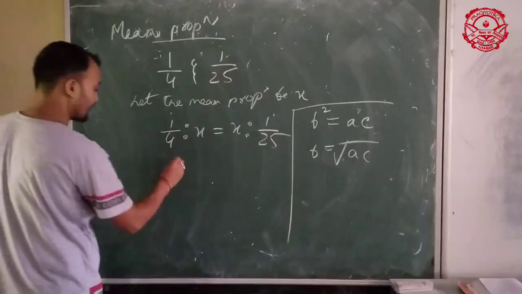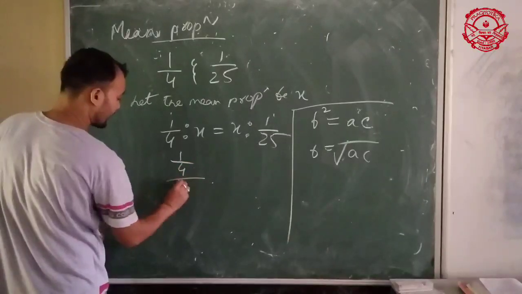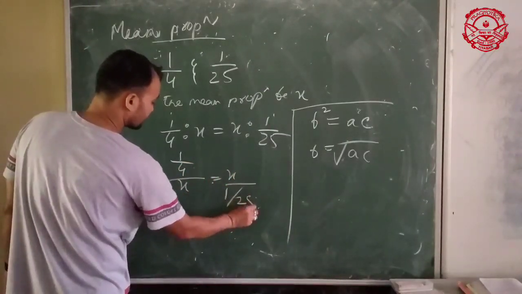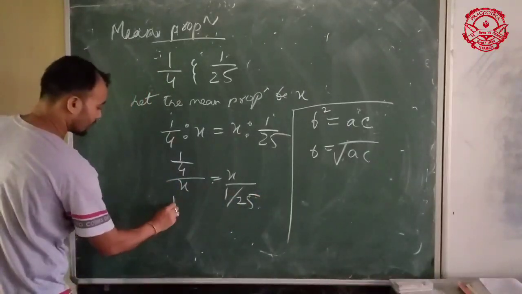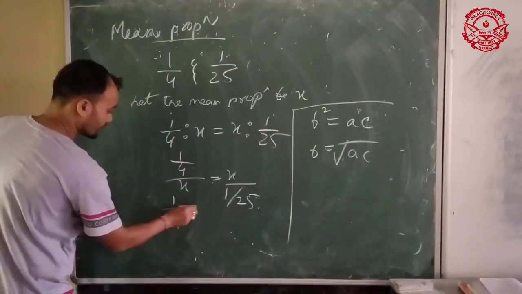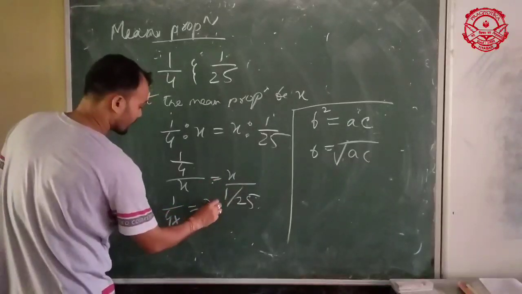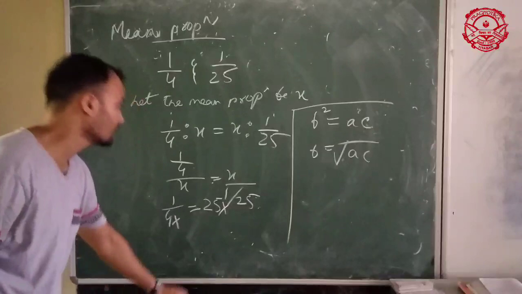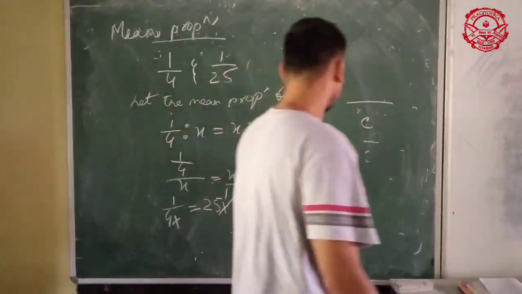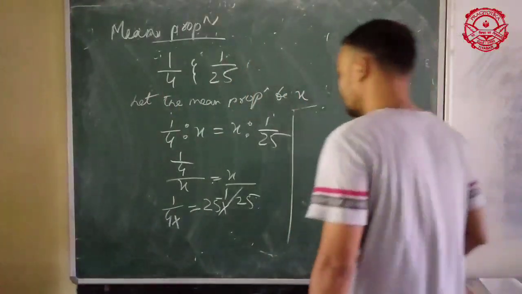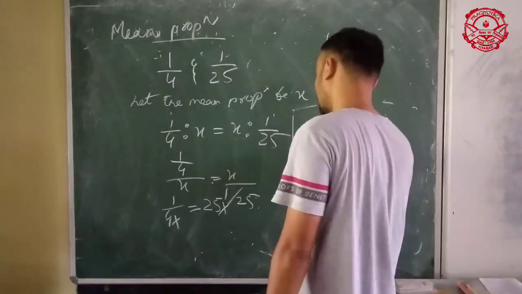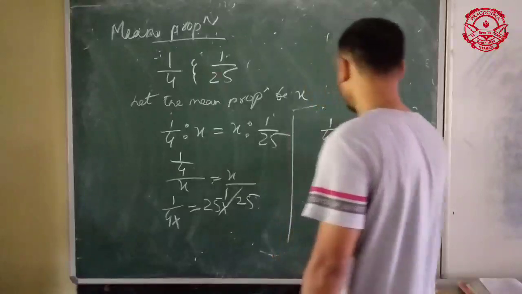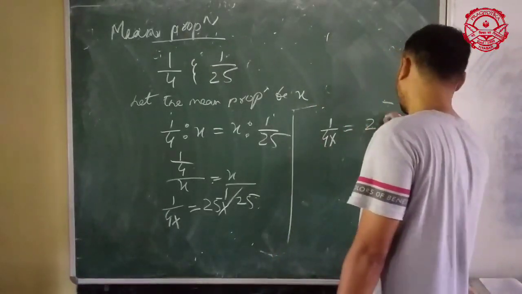Like if you do this systematically, 1 by 4 by x equal to x by 1 by 25. This 4 is coming down, 1 by 4x. This 25 is going up, 25 by x. Now see, 1 by 4x is equal to 25x.